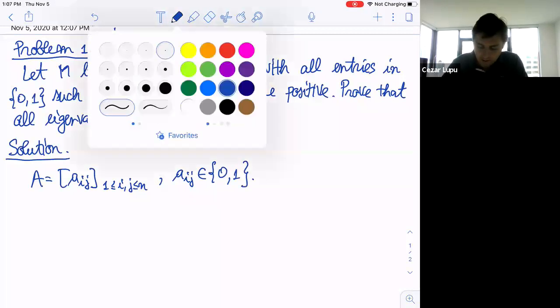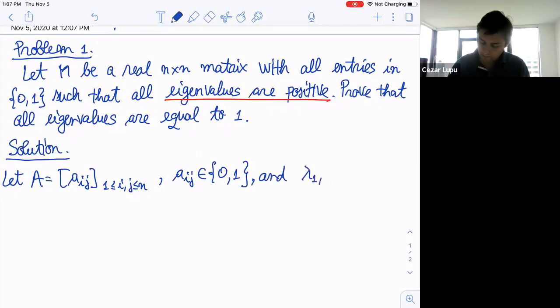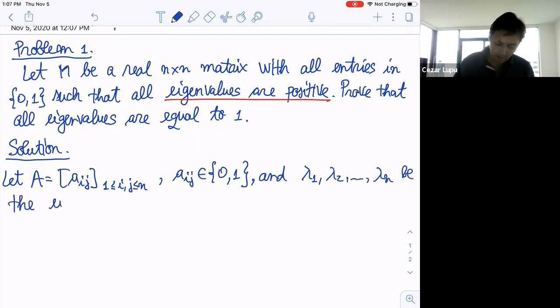But I have another piece of information here, that all the eigenvalues are positive. So now let A have eigenvalues lambda 1, lambda 2, ..., lambda n.